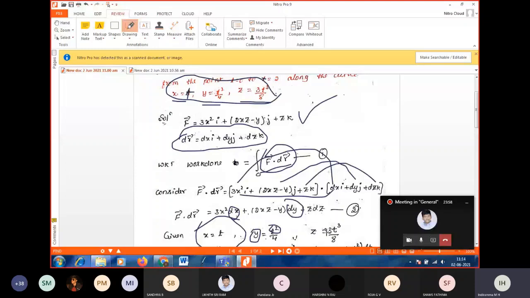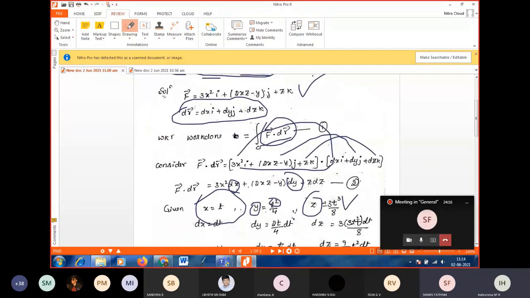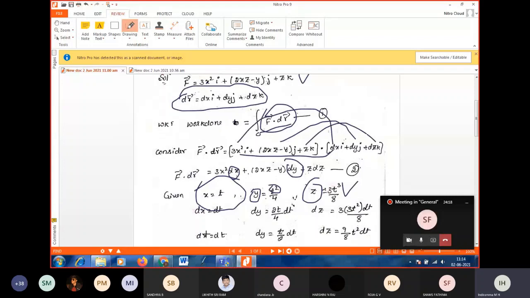Next, z is equal to 3 by 8 t cube. What is dz? 9 by 8 t square dt. We are finding the dx value, dy value and dz value in terms of t.